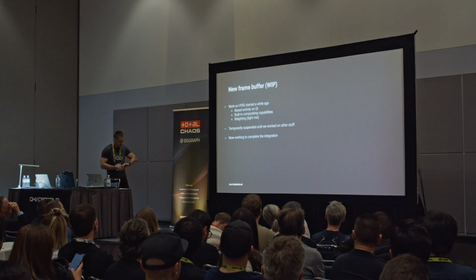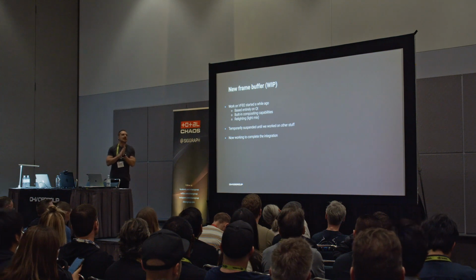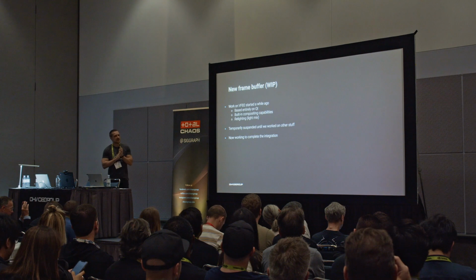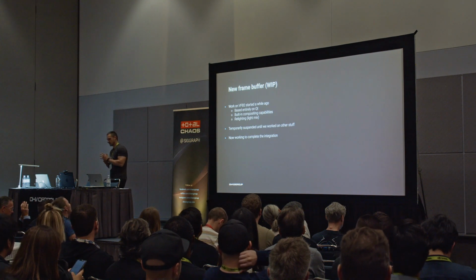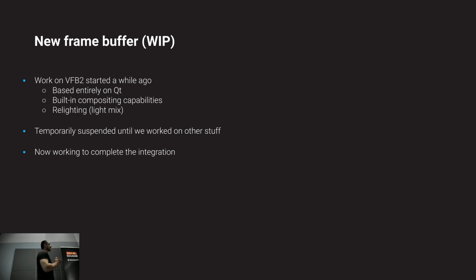There is also a new frame buffer that we are working on. We showed a concept of a new frame buffer maybe 2 years ago, but we had to stop the development for a little bit because we had to work on other things. We are now getting back to this, and one of the two main features that we want to add there are basic compositing capabilities, so you'll be able to get your render elements and actually do your compositing inside the frame buffer itself.